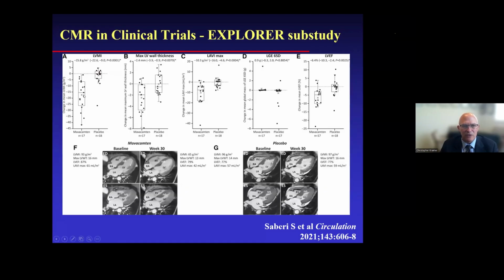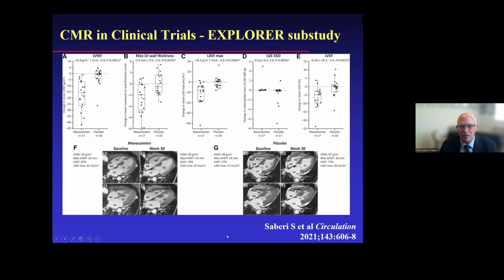It was around 26 weeks, as I recall, that mavacamten was associated with reduction in LV mass index, reduction of 2 millimeters on average in the maximal LV wall thickness, a reduction in left atrial volume index, and no change in the amount of scar, which you wouldn't expect. Or you would expect no change, so they put it that way. LVEF, as is a known side effect of the CMIs, fell by 5% in the treated group.